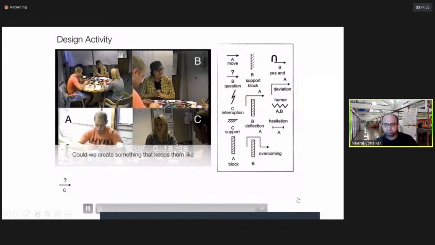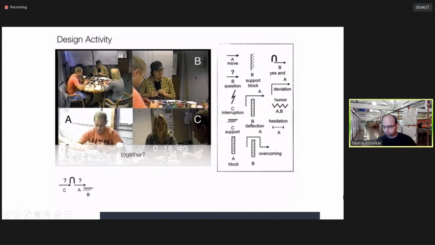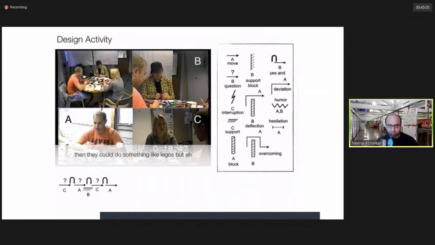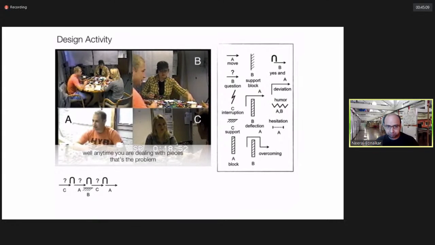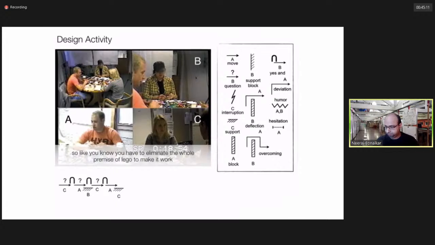Could we create something that keeps them together? Yeah, so that kids during a car trip wouldn't get bored. That they could do something like Legos, but well, anytime you're dealing with pieces, that's the problem. Yeah. So you have to eliminate the whole premise of Lego to make it work.